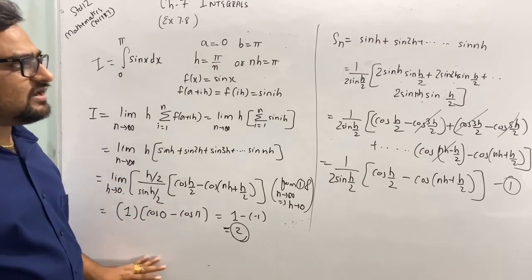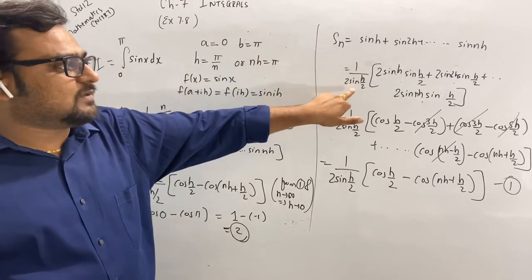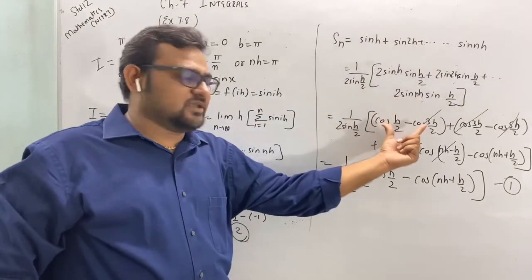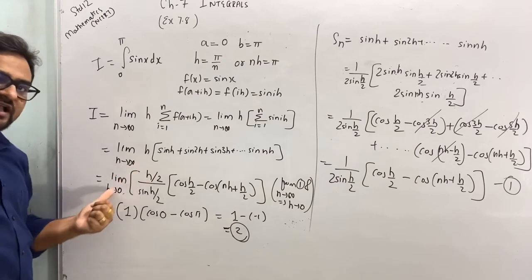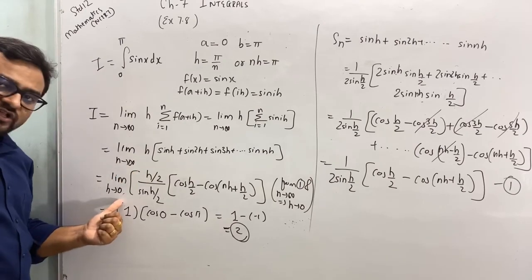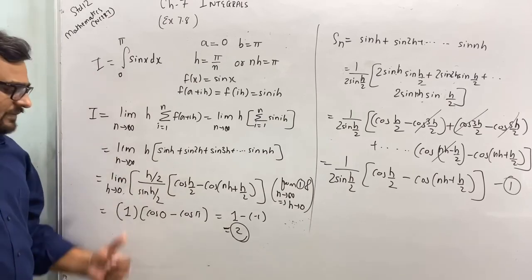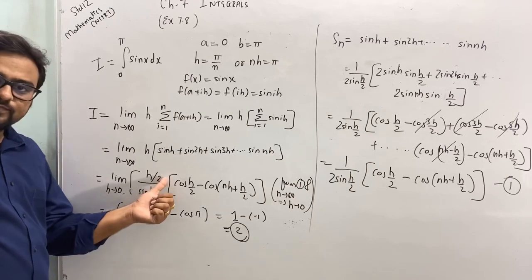So what we have done here, we have taken this series separately and solved it, multiplying and dividing by 2 sine h by 2, using 2 sin sin as cos minus cos. Finally we get here, and instead of n tends to infinity, I am replacing it by h tends to 0. So sine h by 2 upon h by 2 will be equal to 1. Remember here it is 2 sine h by 2, so I have taken this 2 here.